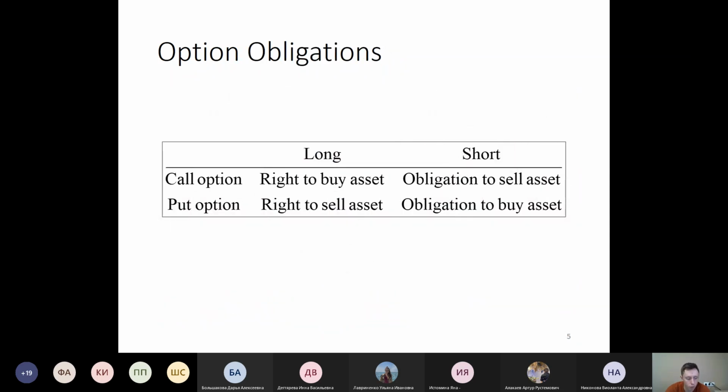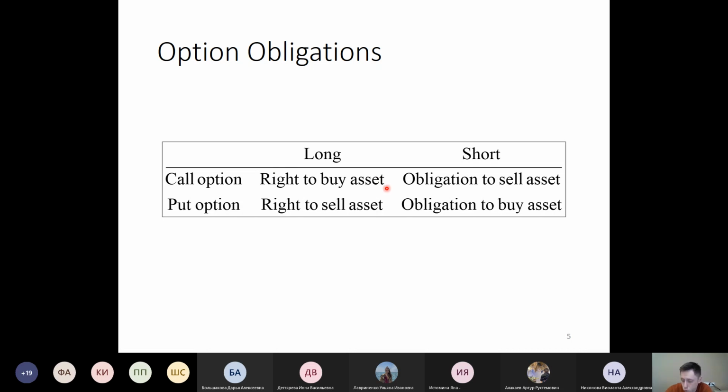And in order for one side of the agreement to have a right to do something, another side of the agreement must have an obligation to do this. So if you buy a call option, as we just discussed, you would have a right to buy an asset with a call option.